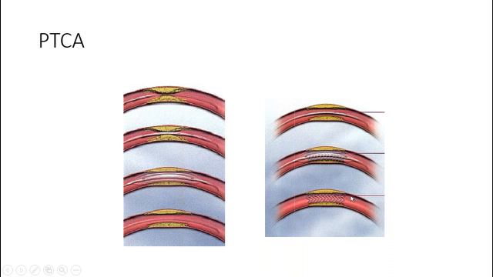So this is a PTCA: percutaneous, through the skin; transluminal, through the lumen of the artery; coronary angioplasty. So they're restructuring the interior of the coronary artery. Usually a person is in the hospital for maybe a day or so, maybe 2 after this.